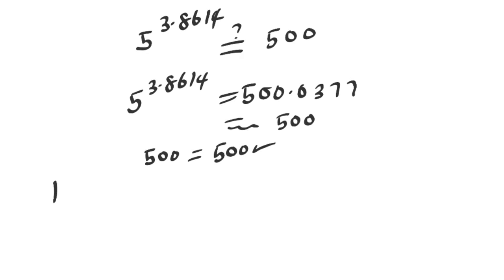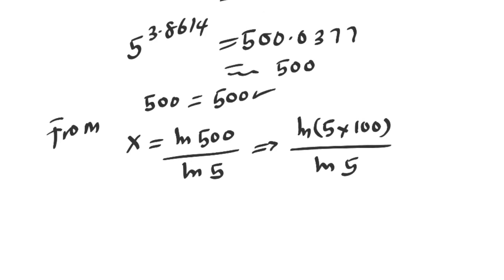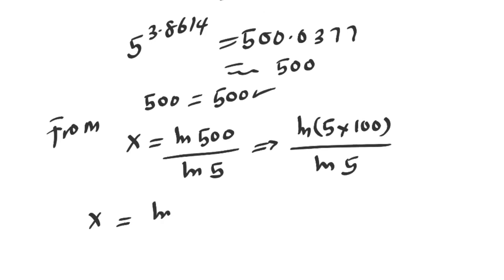Then from x is equal to ln of 500 over ln of 5. This is the same thing as ln of 500 can be written as ln of 5 multiplied by 100 over ln of 5. x is equal to ln of 5 plus ln of 100 over ln of 5.